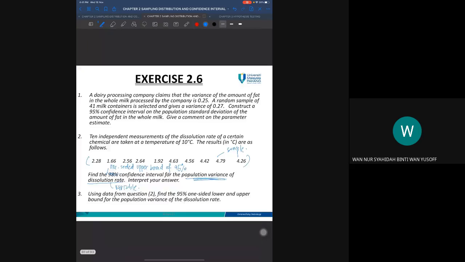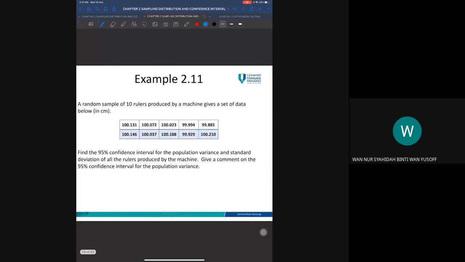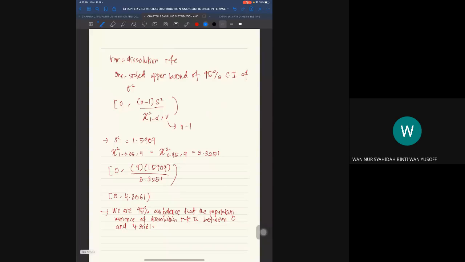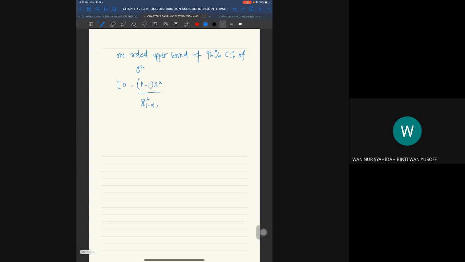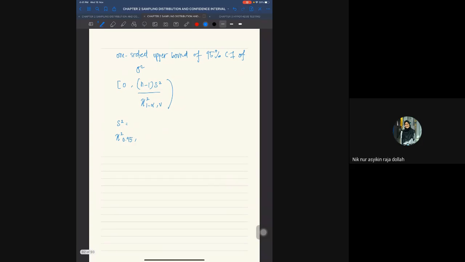We don't need to divide the alpha by 2. Alpha is 0.05, so chi-square 0.95, and the nu here equals 9.